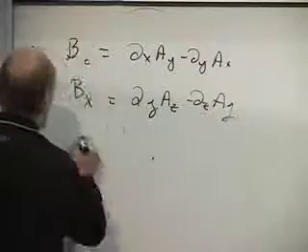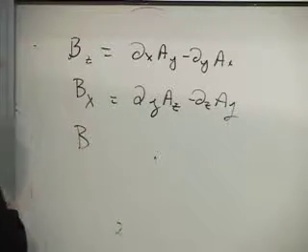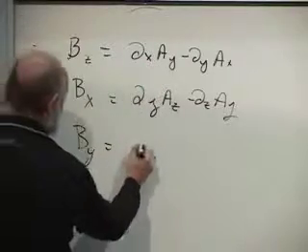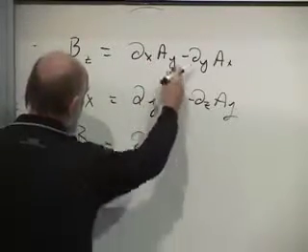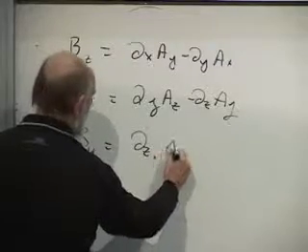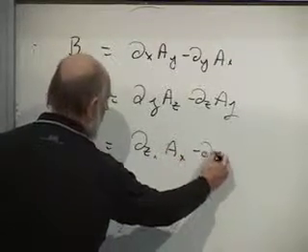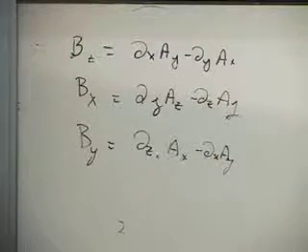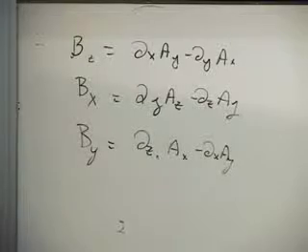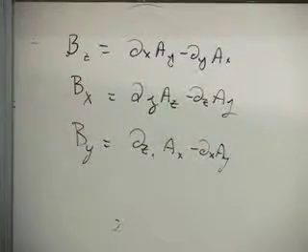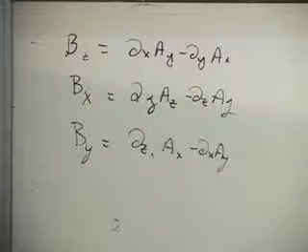And finally, By: dz ax minus dx az. Now this is the definition of B. I've made no assumption whatever about the way that the A's are varying in space. In fact, all I did was define something.